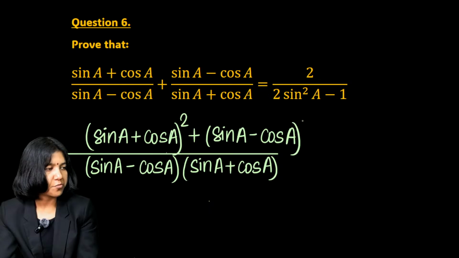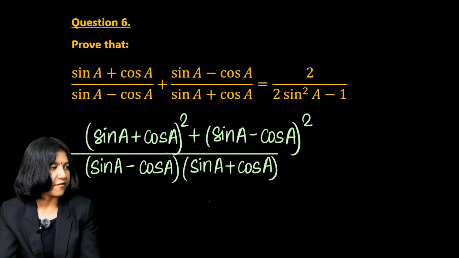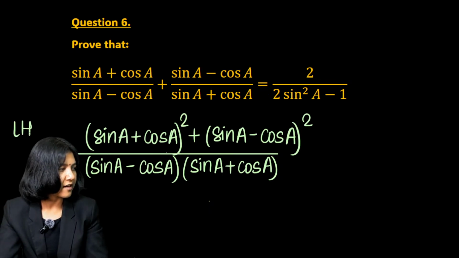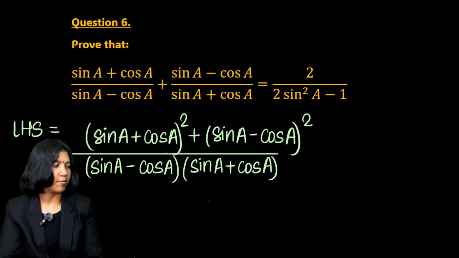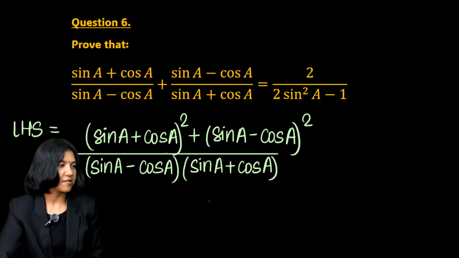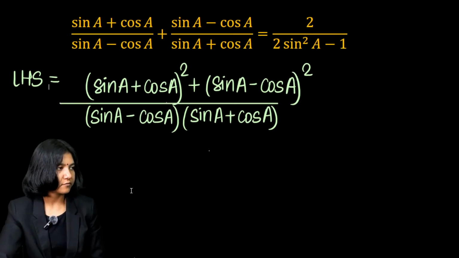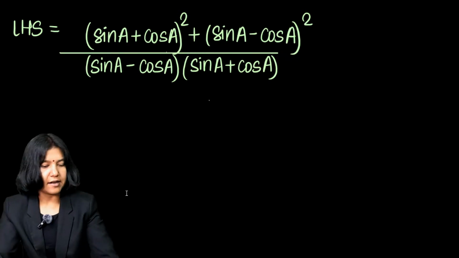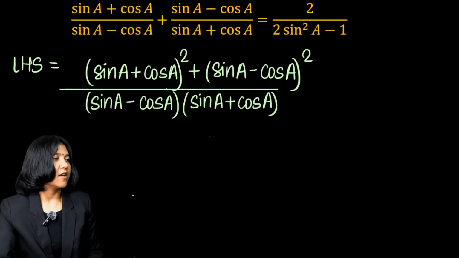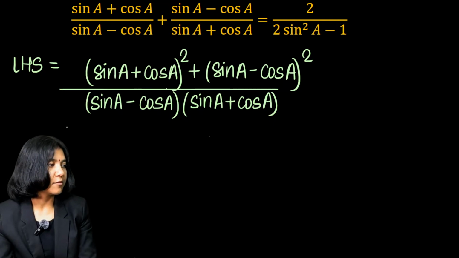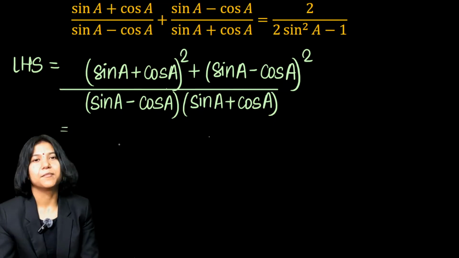It's all about proof, so we can always say this is our left hand side, and my left hand side has now simplified to this fraction with a common denominator. I hope this is making sense. And now, we have the numerator pretty complex, so I want to simplify it.